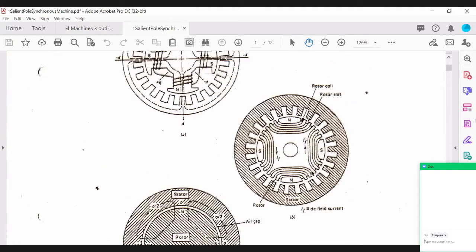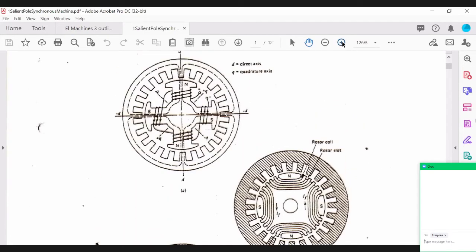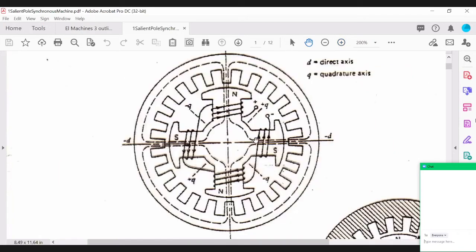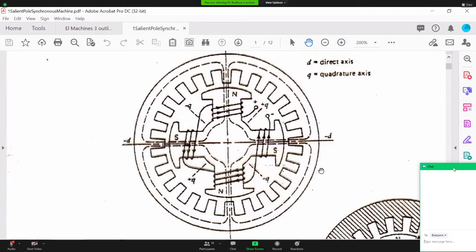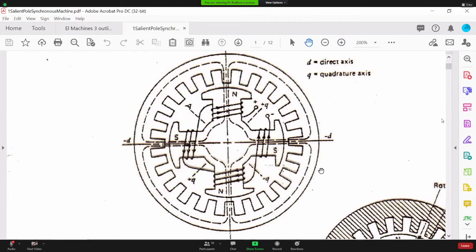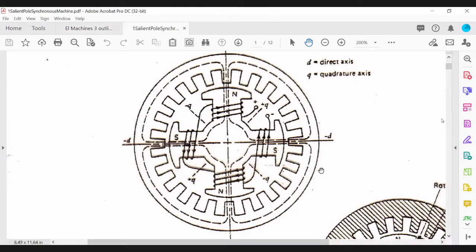So now if we go to figure A, this is an example of a salient pole rotor. As you can see, it's got a different structure where you have a certain axis where the length of the air gap is different to that in what is called an interpole region, right?